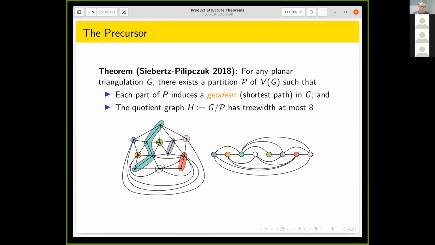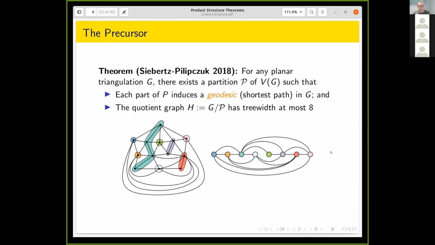So in this picture, you can see it. The partition has two sets of size 2, a sort of red one, a purple one, a set of size 4, and then all the rest are singleton sets. And when I do the contraction, if I didn't miss anything when I was making this figure, this is the graph that you get on the right.